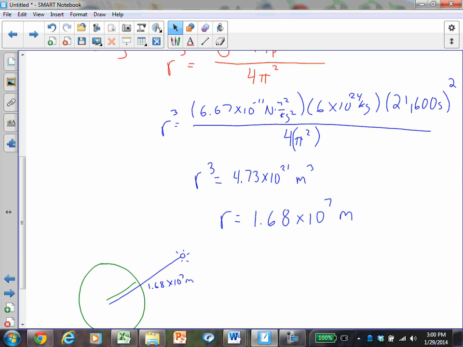Okay. Divided by, okay, now the radius of Earth is what? It's on your reference table. The radius of Earth is 6.4 times 10 to the 6 meters.